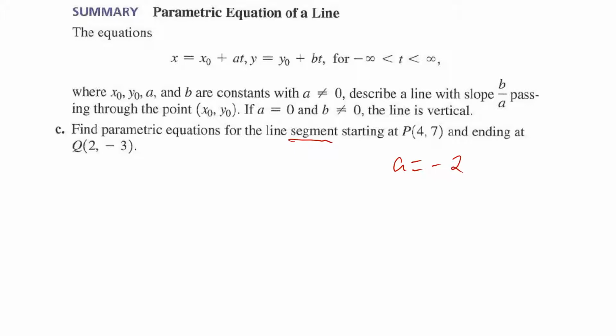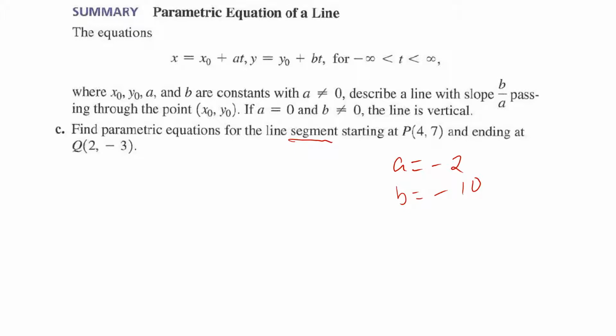And Y goes from 7 to negative 3. So Y, or B, will equal negative 10. Notice if we put this into a slope, the negatives would have canceled, would have had a positive slope, which would have gone from Q to P. But it's specifically directional, starting at P, ending at Q.